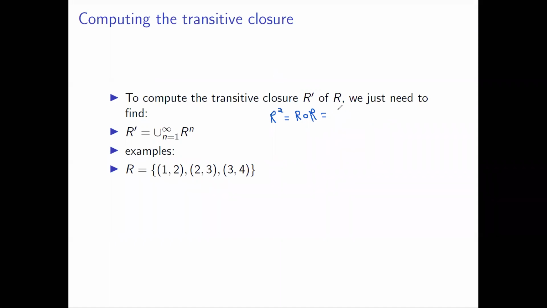So we found this one on the last slide. This one was 1, 3 and 2, 4. So now we know r squared. So we'll calculate one that we haven't done yet, the r cubed. R cubed is r squared composed with r.